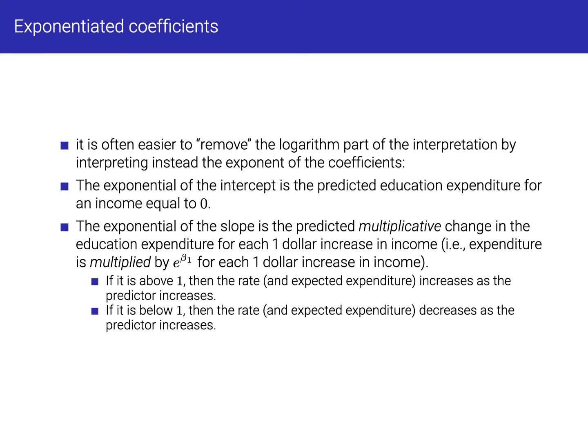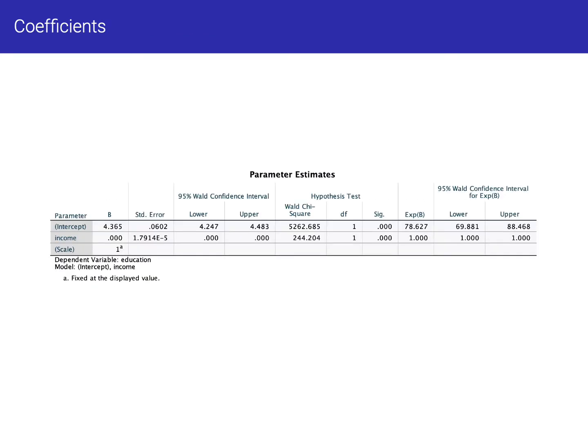And so that's what we're going to do here, and that's why we asked for the exponentiated versions of these estimates. So what if we used exponentials here? The exponential of the intercept, we see it here, nearly on the right, it's exponent of b, right? And so it's 78.627 in fact in this example.